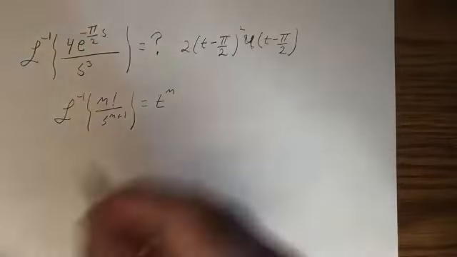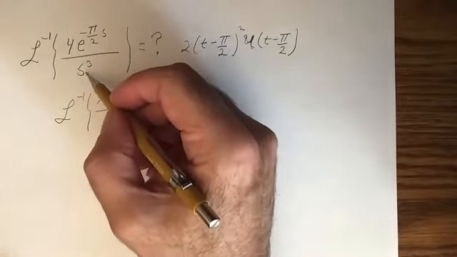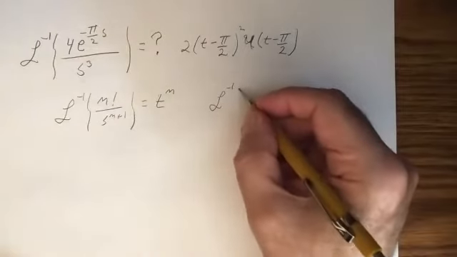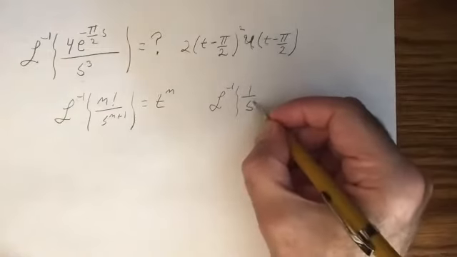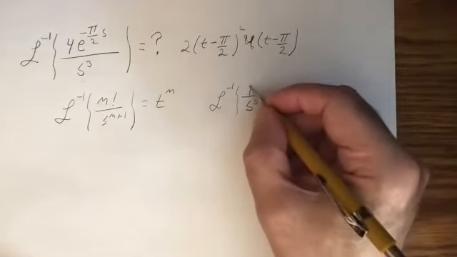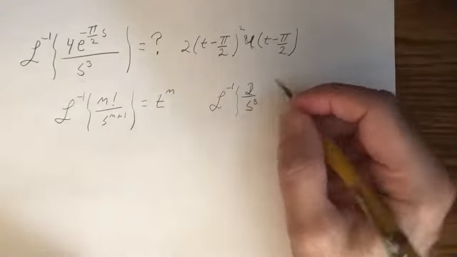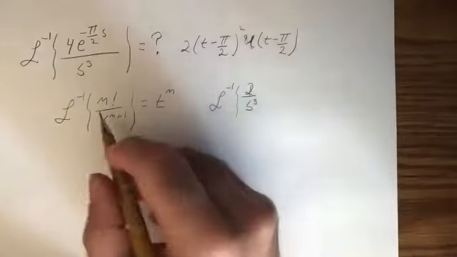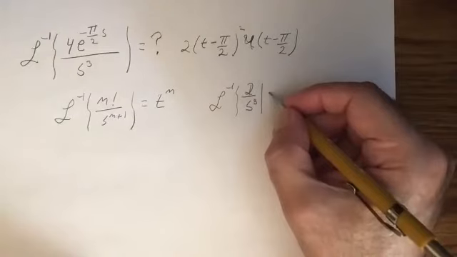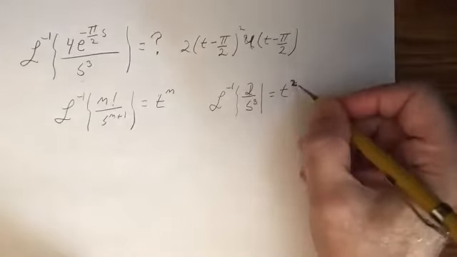So in this case, if I just look at this s cubed, if I just want the inverse Laplace transform of that, there's going to be 2 factorial here. This will be n equal to 2, so it's 2 factorial, and then this is going to be t squared.